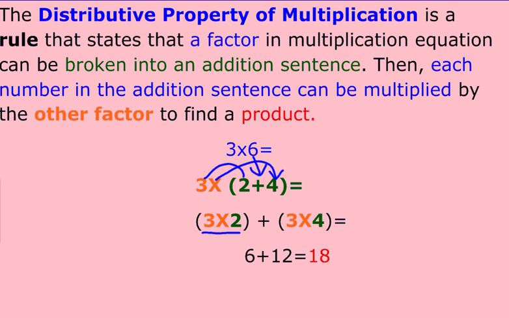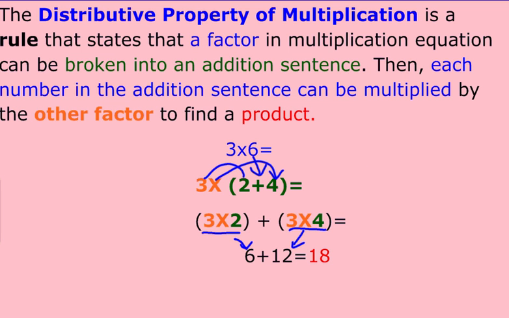We're going to hand out 3 times 4. And if we know that 3 times 2 equals 6, and we can use our strategy to figure out 3 times 4, we can add 6 plus 12 equals 18. I know that seems like a lot to figure out 3 times 6, because you could use repeated addition or skip counting. It is a strategy to help you when you get to bigger numbers.